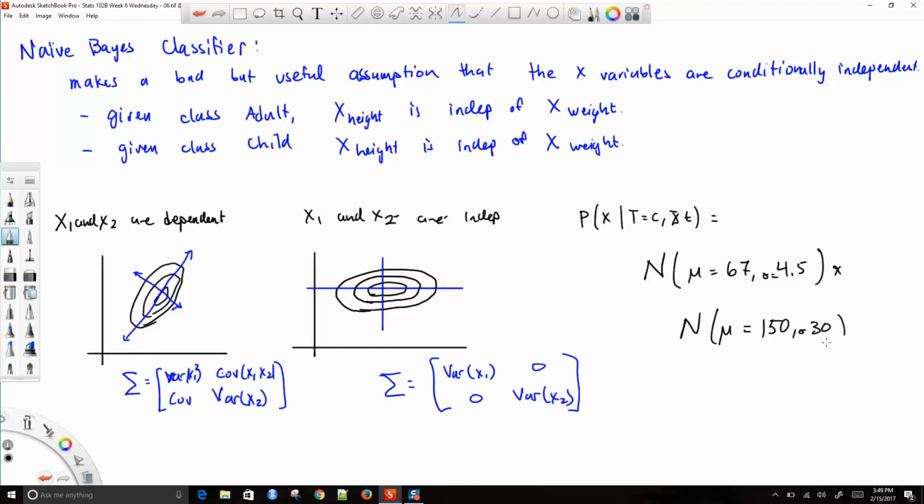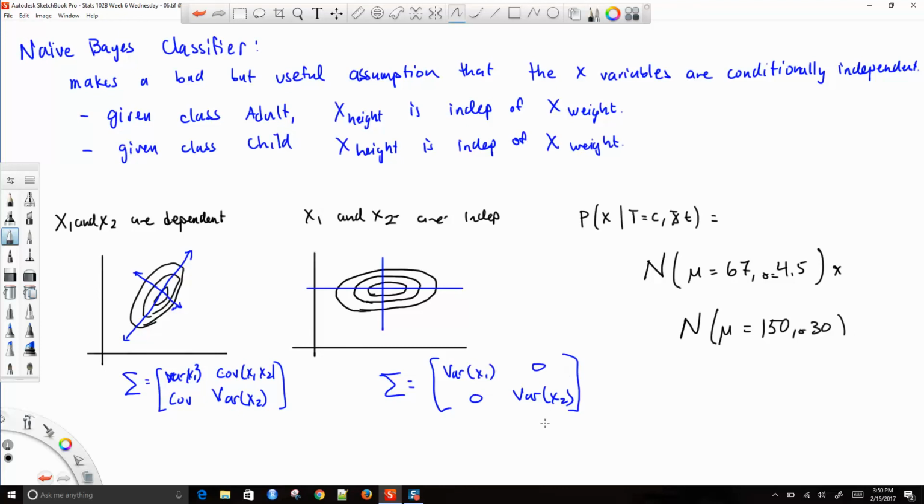Okay, so thinking about people, we know that this assumption is wrong. It's incorrect to assume that someone's height is completely independent of their weight. So why would we make this assumption? Well, it makes our life easier, especially with the covariance matrix. With two variables, x1 and x2, there's only one covariance term.